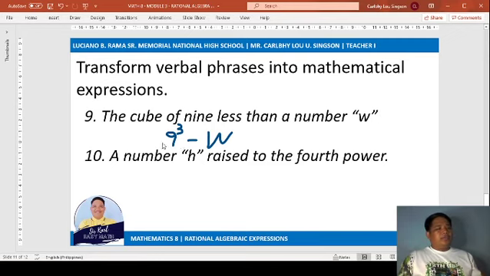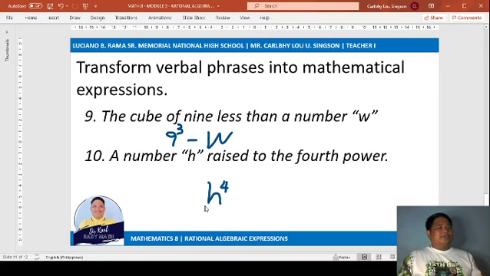Or in mathematical terms, we could have 9 cube minus double. And the last number, a number h raised to the fourth power. Very easy. h raised to the fourth power is just like that.